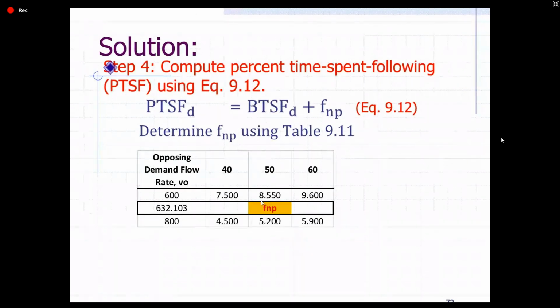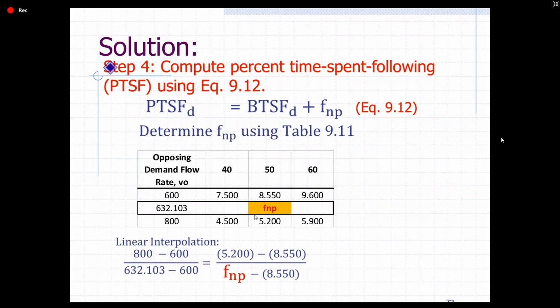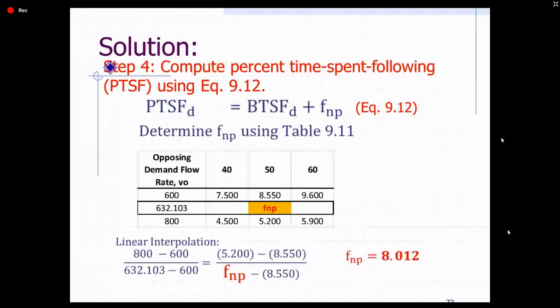I'm sorry, ito yung nasa 50. Tsaka yung nasa 50 with respect to your 800 dito. So, 4.5 plus 5.9 divided by 2 is, ito yun, 5.2. 7.5 plus 9.6 divided by 2 is ito, 8.55. So, interpolation, you now have your FNP is 8.02.